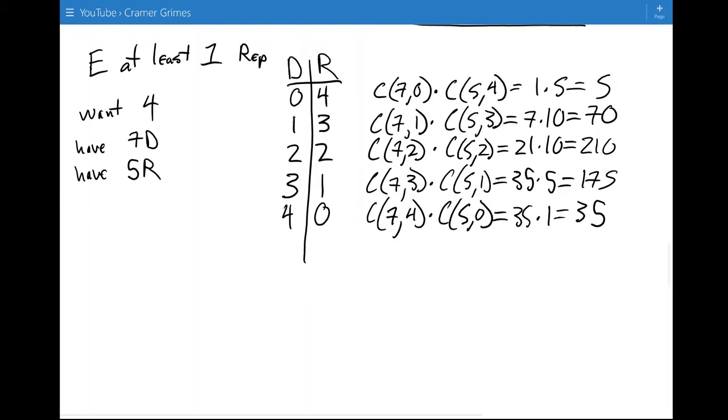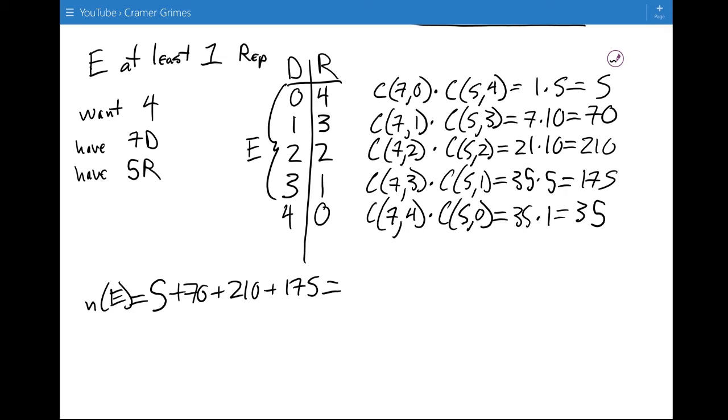Now, if I want to calculate this E, at least 1 Republican, I can look at my chart and note that my top 4 rows all satisfy our event. So I could just add those all up. I could do 5 plus 70 plus 210 plus 175. And if I added those all up, that would give me 460.